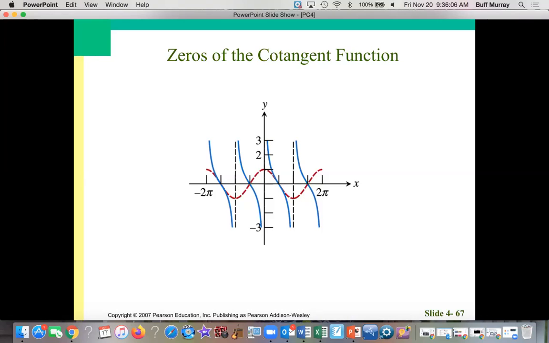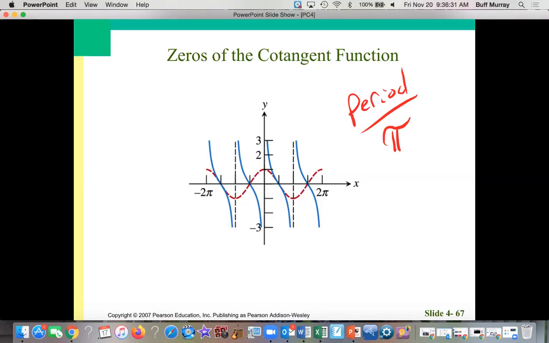So tangent and cotangent look very similar to each other, and once again, we can always graph those on Desmos. Now, just a couple things about those two graphs because they're related, just like sine and cosine are related. The period of these two graphs is just pi.